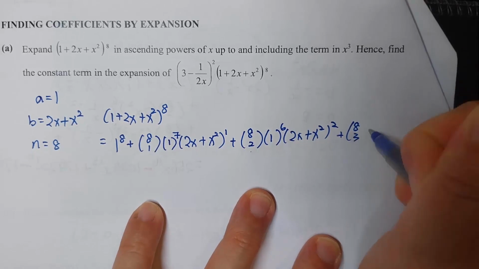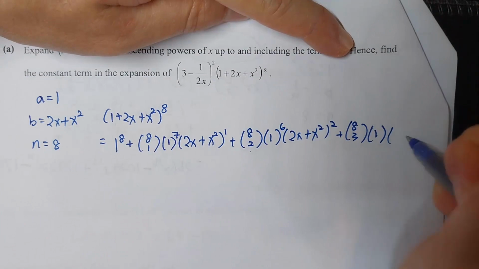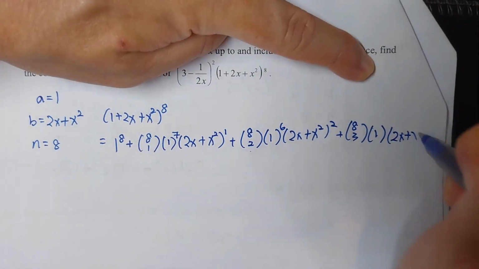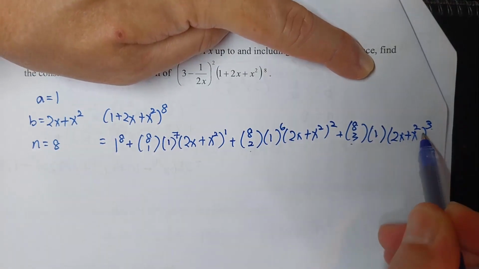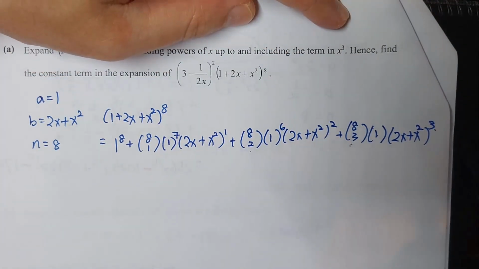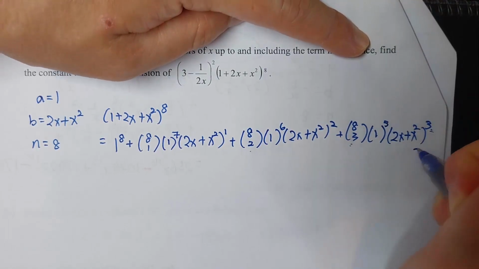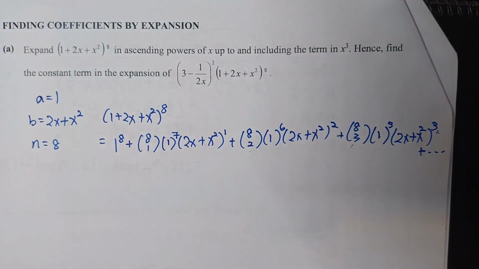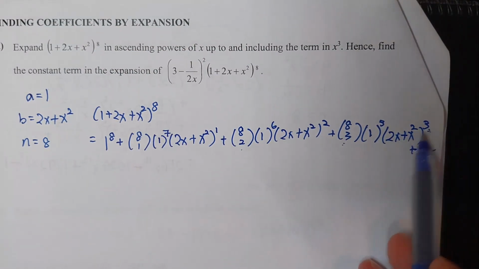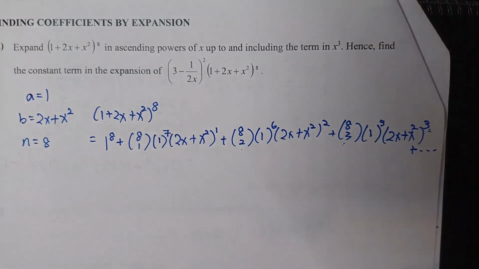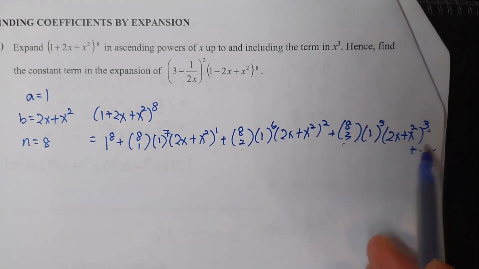So 8 choose 3, write down the value of a and the value of b, and the same values for the powers. Since they add up to 8, this must be a 5. Remember to put the dot dot dots. Now you realize that if I expand it, this will be a cube, and anything after that will be more than cube. So that's why we still need to include one last term here.